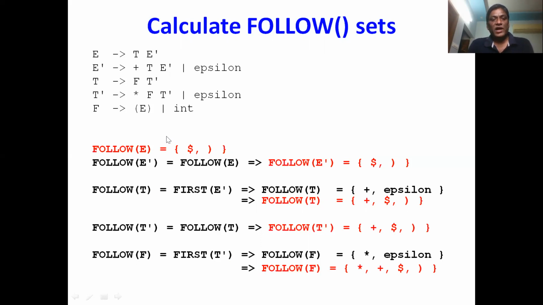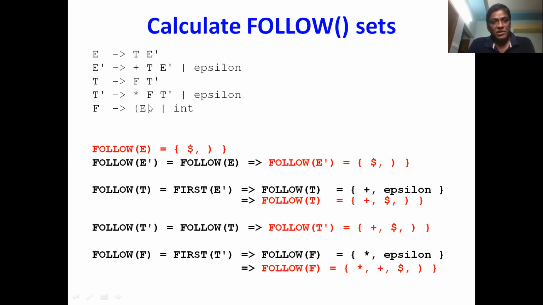And then for adding the other symbols to follow of E, look into the RHS where this variable E is present. So just go through all the productions to look for the variable E. So you got E here. And look for, is there any terminal followed by it?